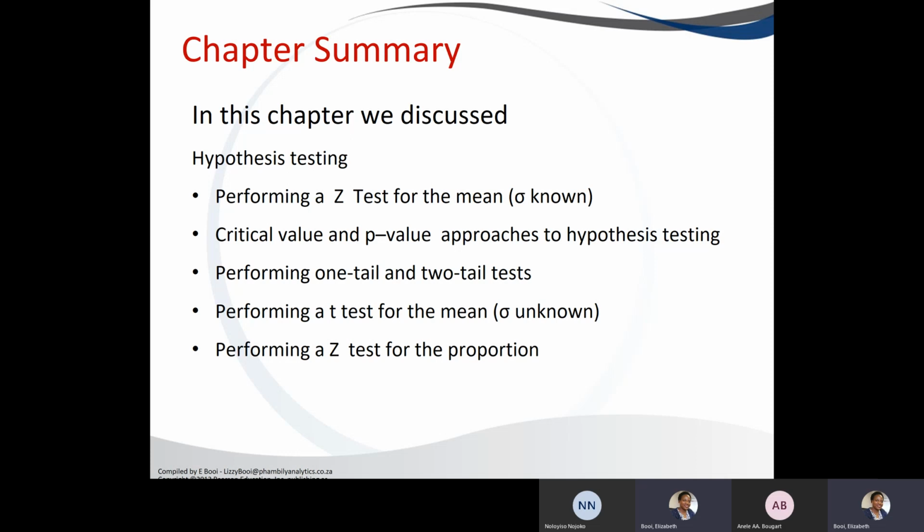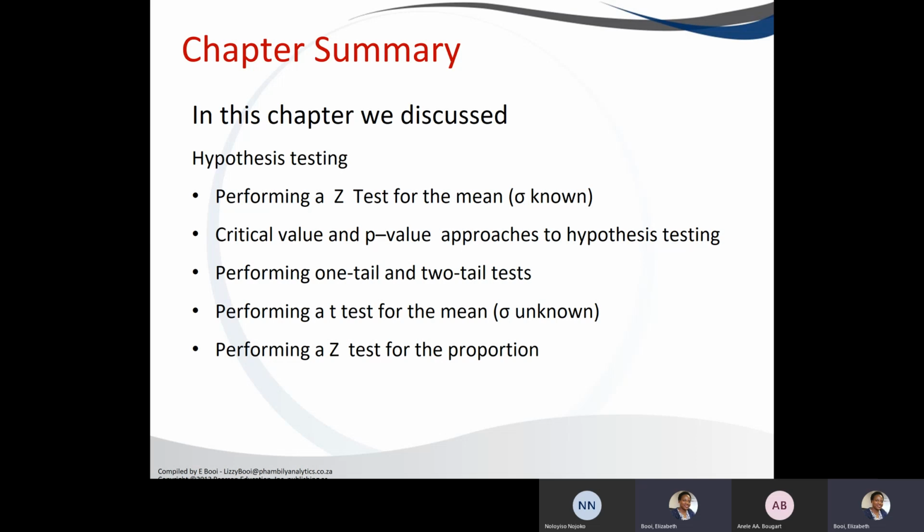Lastly, we looked at the chi-square test and chi-square test for independence. We said, when you state your null hypothesis and your alternative, you always state that in your null hypothesis, 2 categorical variables are independent. In your alternative, it will say they are dependent. You need to calculate your expected frequencies.